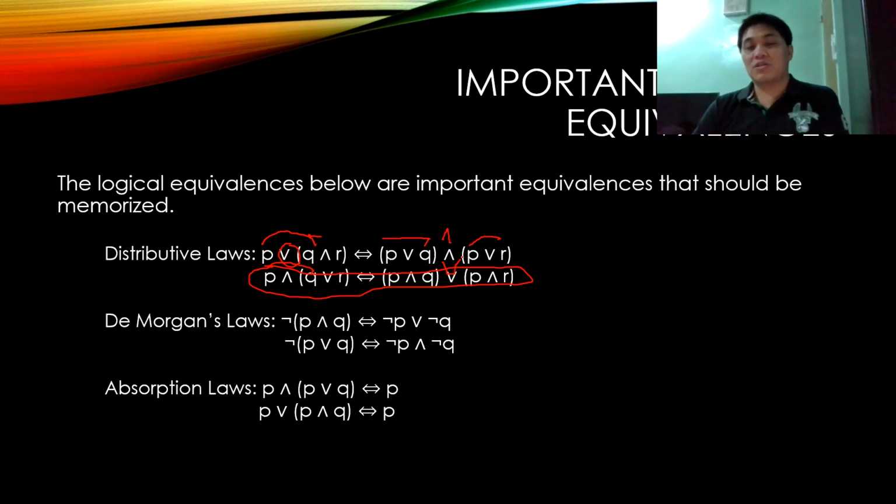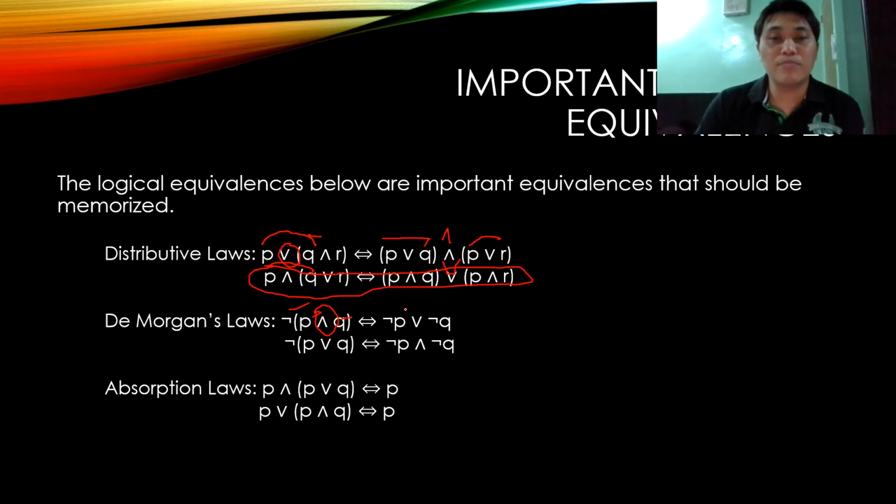De Morgan's law. The negation of open parenthesis statement P and Q is equal to negative P. Let us reverse the and sign. The reversal of the and sign is the OR sign, or the logically OR.